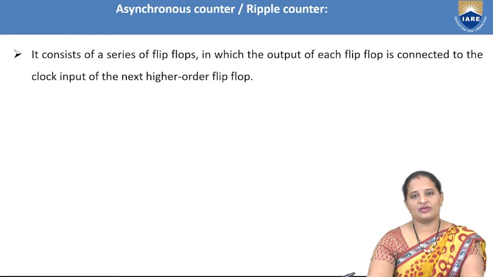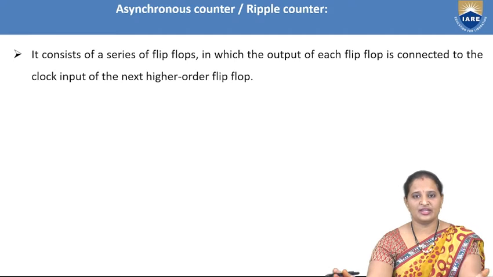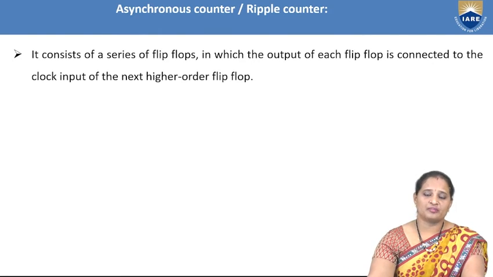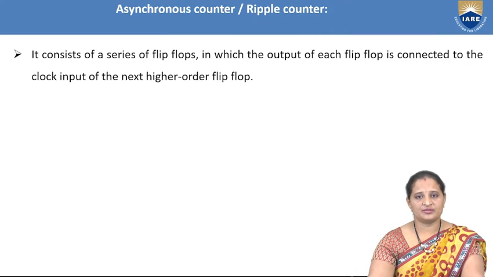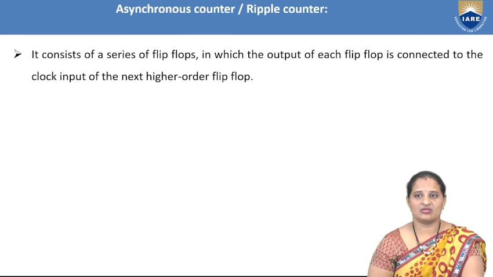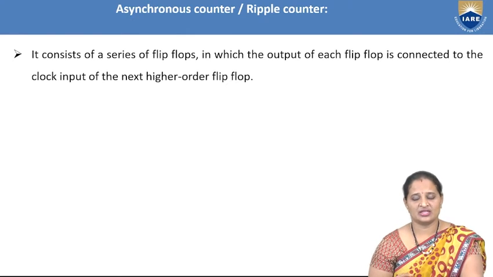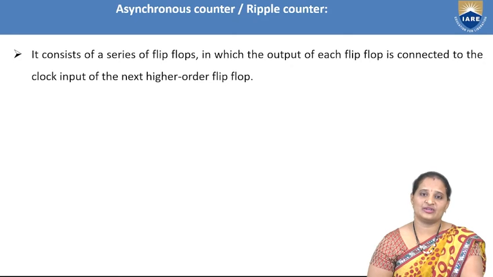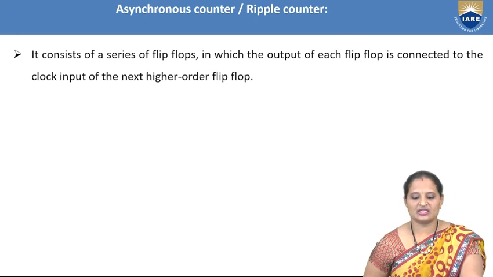For example, if I want to design a 4-bit counter, I need to cascade 4 flip-flops together, and the connection should be such that if the clock pulse is applied to all the flip-flops in the same fashion, that means if the same clock is applied to all the flip-flops used, then that type of counter is called a synchronous counter. If all the flip-flops are applied with different clocks, then that type of counter is called an asynchronous counter.